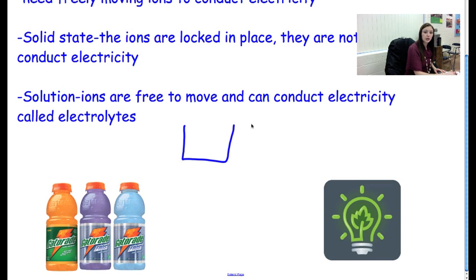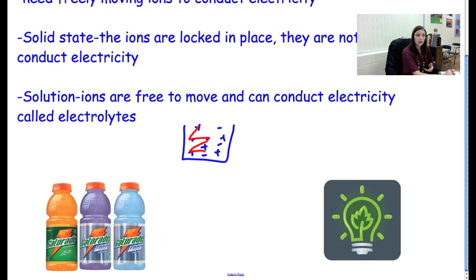So when we look at a solution, I have all these positives and negatives that are just randomly throughout the solution. There's no set order anymore. They have dissolved. Water rips them apart. So after water rips apart the pluses and the minuses, you end up with these going anywhere they want to. And that allows the current or the electricity to pass from one to the other.